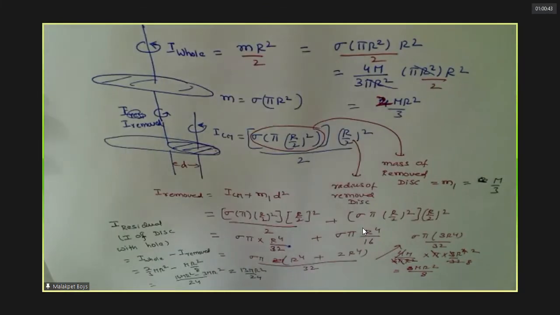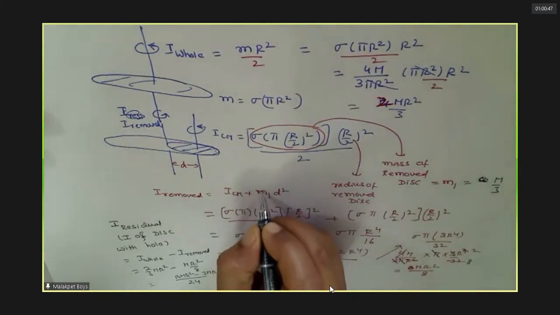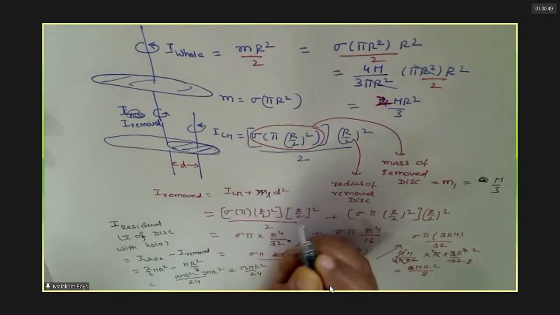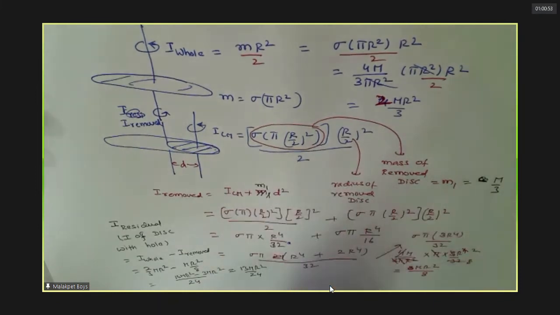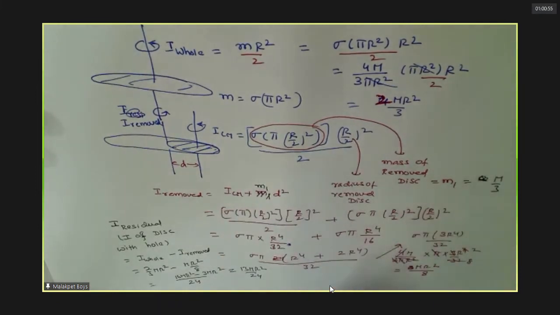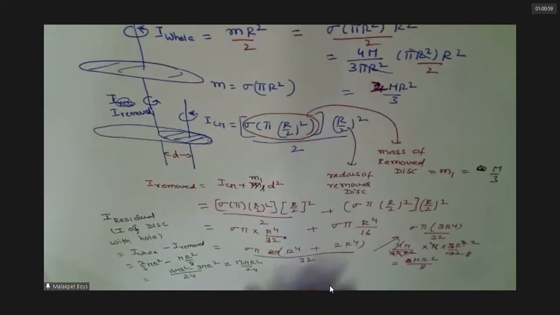You have done everything correctly. Here we wrote wrong. This is correct. This is also correct. You are getting this M by 3. Do it carefully. Yes, sir, M by 3.